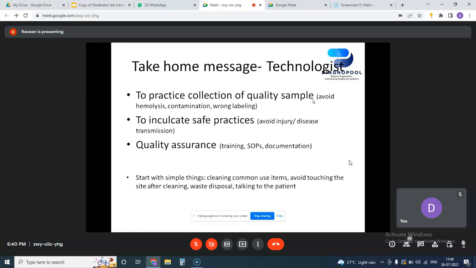A good quality sample means a sample which is devoid of hemolysis, no contamination, with correct labeling. So these are the basic things that need to be followed and to inculcate safe practices.